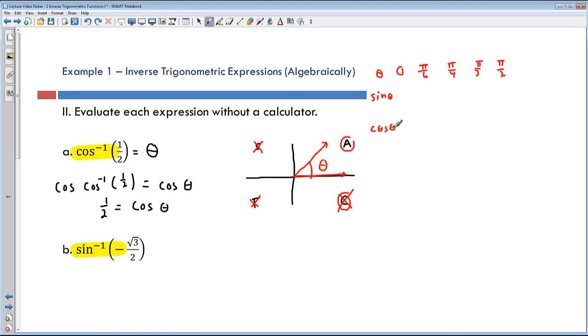And we just have to remember one pattern. The sine of 0 is 0. So it goes root 0, root 1, root 2, root 3, root 4, and remember these are all divided by 2. And of course the cosine of these angles is the same, but you write it the opposite way. So square root of 4, square root 3, square root 2, square root 1, square root 0, and these again are all divided by 2.